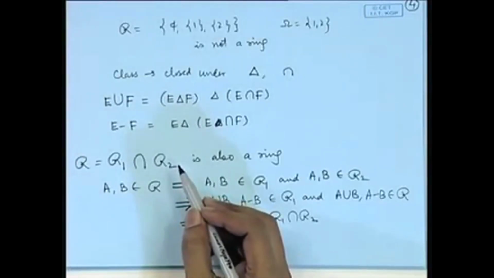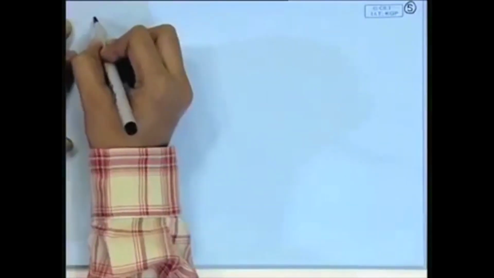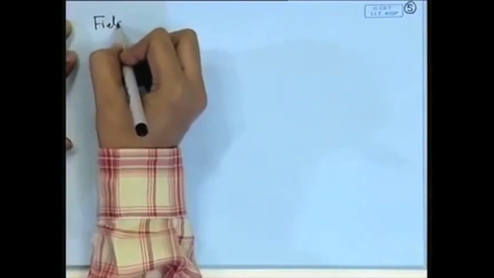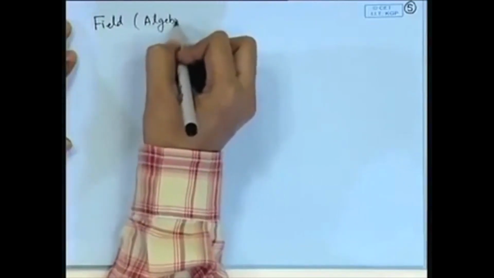Ring is one of the primary structures in the study of algebraic structures. Now we proceed to define slightly larger structures. The first of these generalizations is in the form of a field, or an algebra.